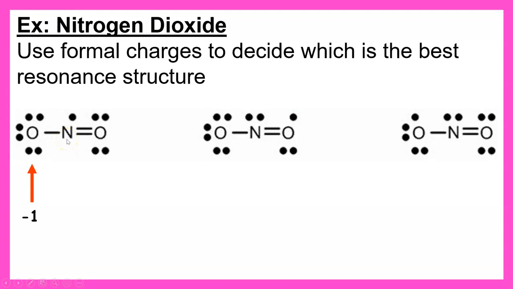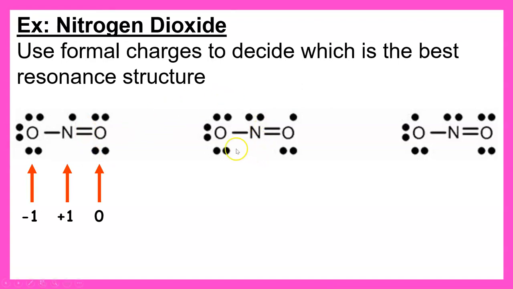Nitrogen comes with 5, should have 5, minus 1 here, 1 here, and 2 here. 5 minus 1 minus 1 minus 2 gives me a +1. I have a double bonded oxygen, should be 6, 6 minus 4 minus 2 gives me 0.